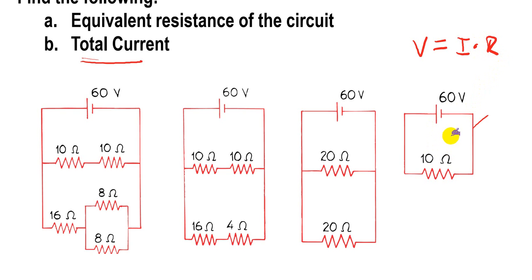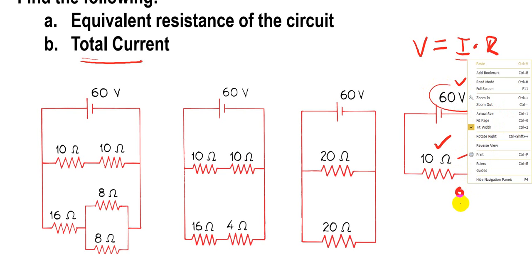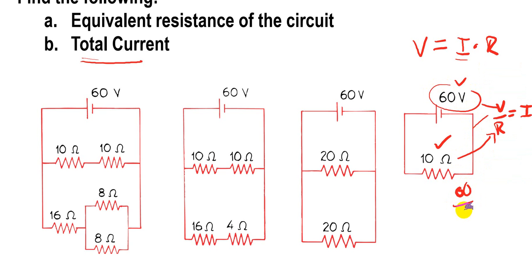So resistance we know, voltage we know. We're looking for current. If you rearrange the formula, you get V divided by R equals I, right? V is 60, R is 10. So 60 divided by 10 is 6. So your current is 6 for this circuit.